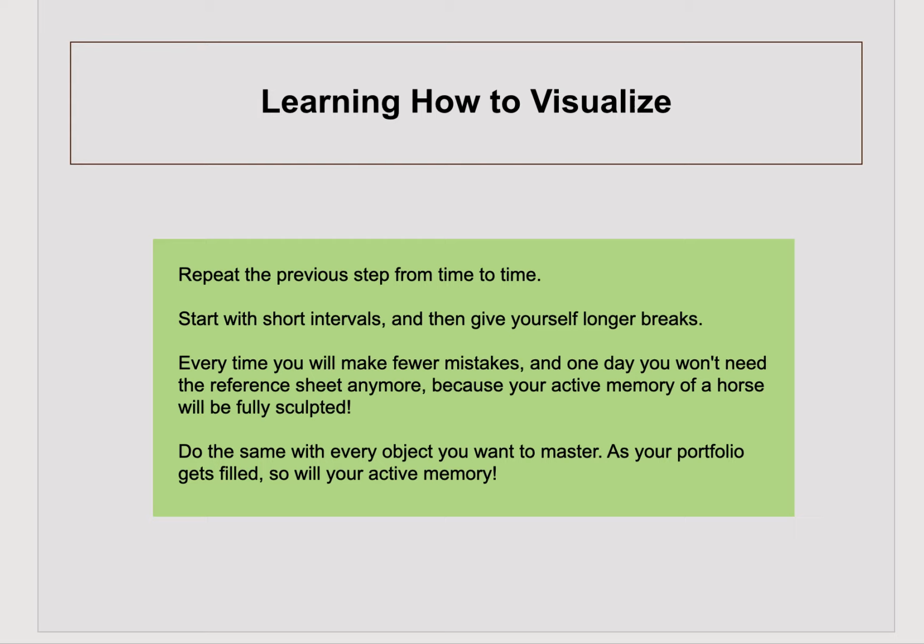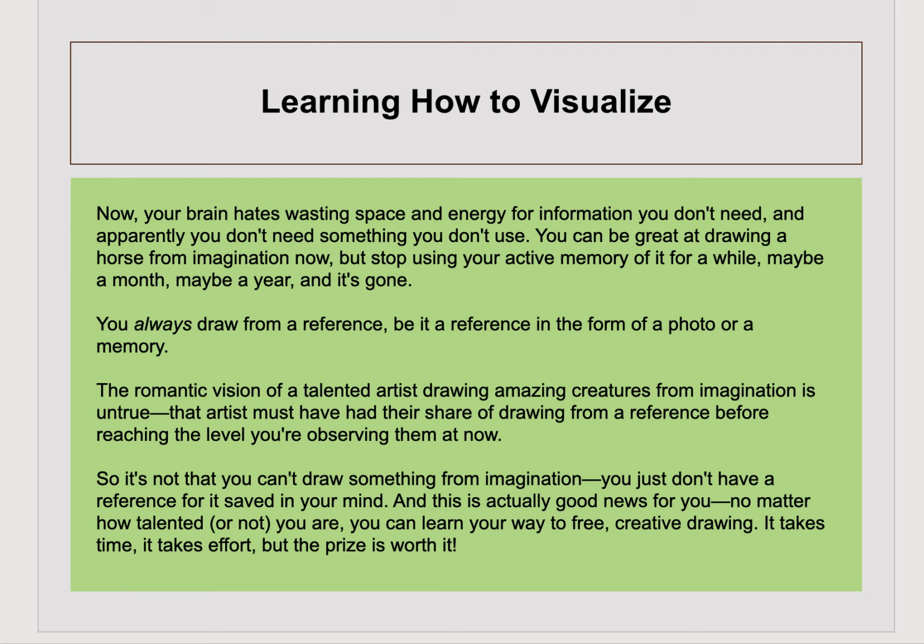And so you just want to refresh your memory from time to time by saying, hey, I want to sketch this again. And eventually your unconscious brain knows how to do it. Once you get that stuff in your unconscious memory, it becomes more permanent and you become better at it. And the thing to keep in mind is that your brain hates wasting space. So you have to practice. If you want to retain something, you have to periodically practice or it will flush it away.